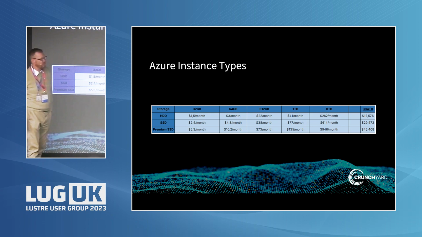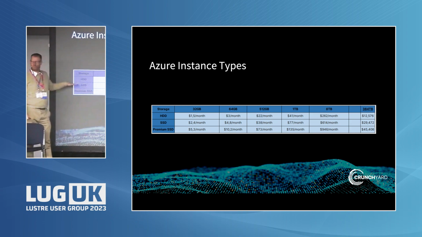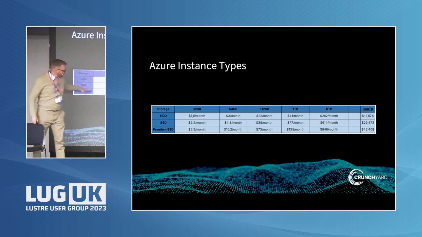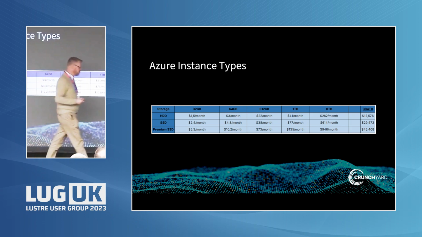So that's $12,000 a month just for the storage. So that's magnetic drives. Now, if you want to get faster and more performant, SSDs, same analysis, gets you to $29,000 a month. So if you go to premium SSDs, which gives even more performance, that's $45,000 a month for 380 terabytes. So just to keep those in mind.